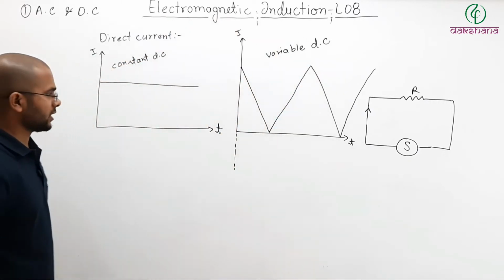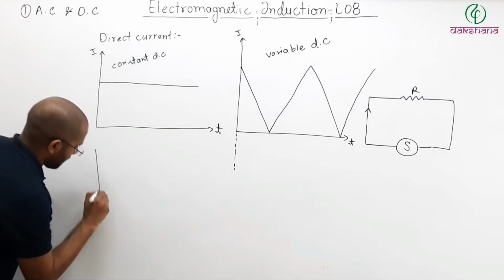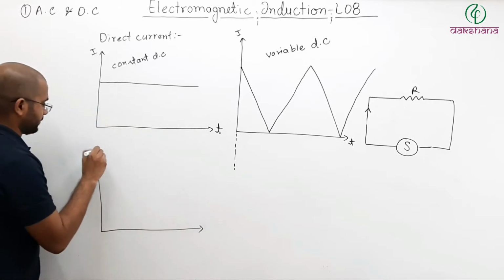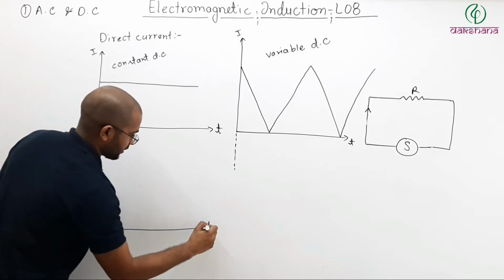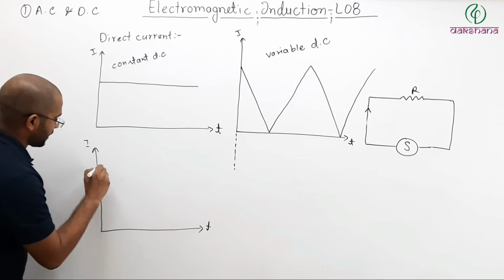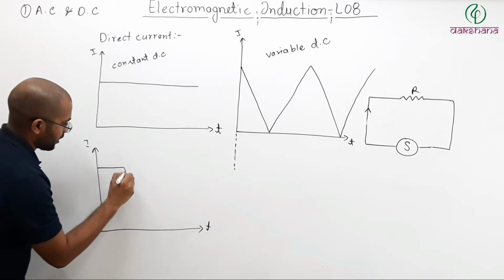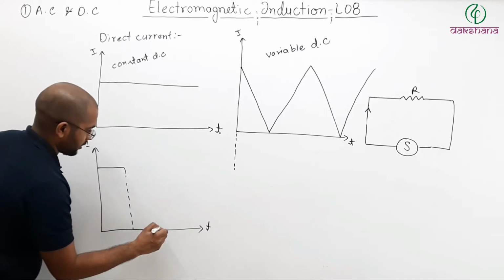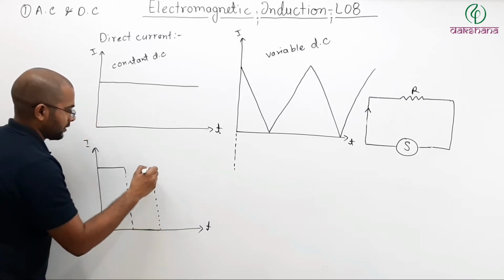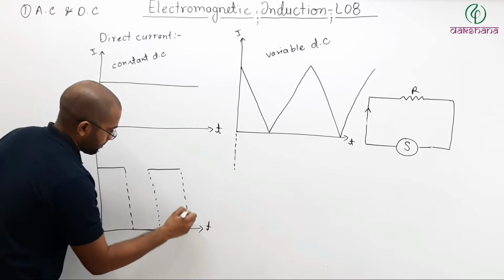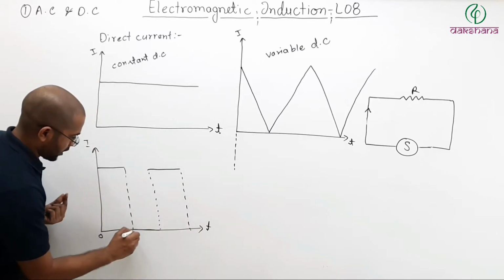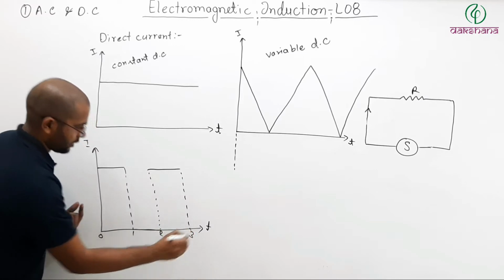For example, let us take another example. Let us draw another graph. This is current. This is time. Let us say my current is like this. How this current is generated, that we are not worried about. Let us say 0, 1, 2, 3.